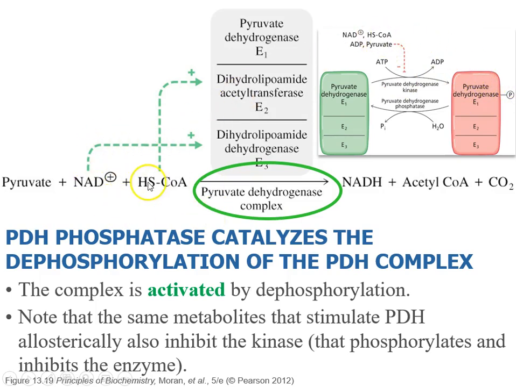So these reactants are able to stimulate the activity of the enzyme and inhibit the kinase that would phosphorylate and inactivate the pyruvate dehydrogenase complex. So in that way, the NAD+ and the coenzyme A are working together, not just to stabilize the R form or the high affinity form of the enzyme, but to inhibit the kinase that would phosphorylate and inactivate the enzyme.